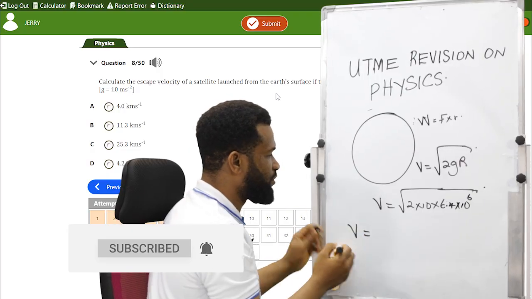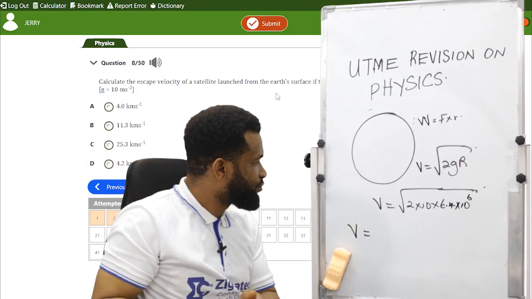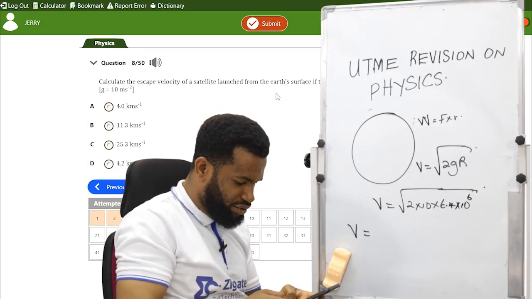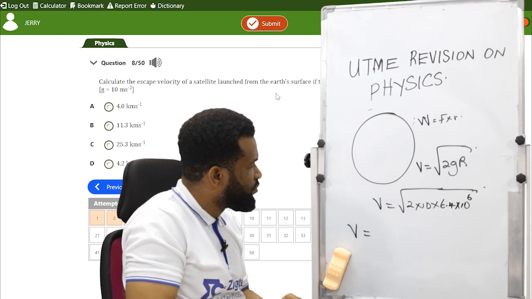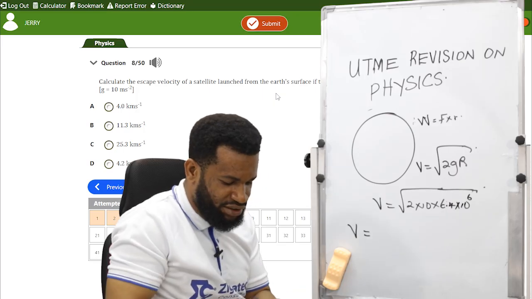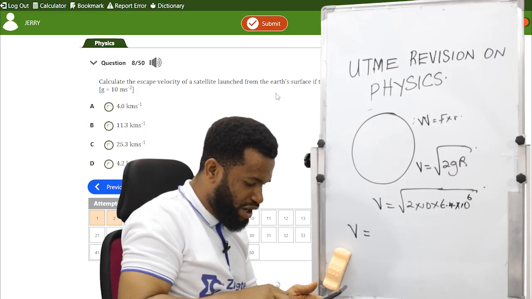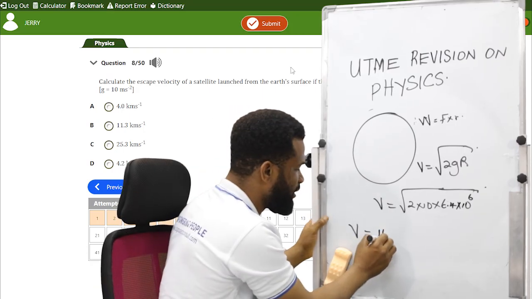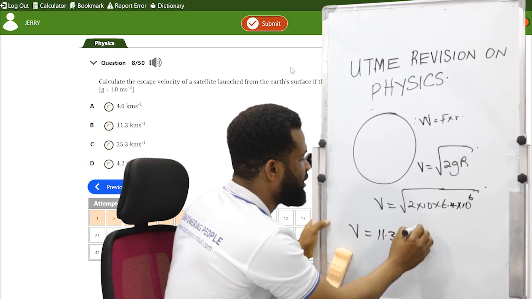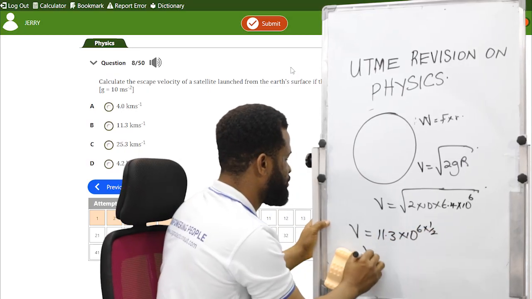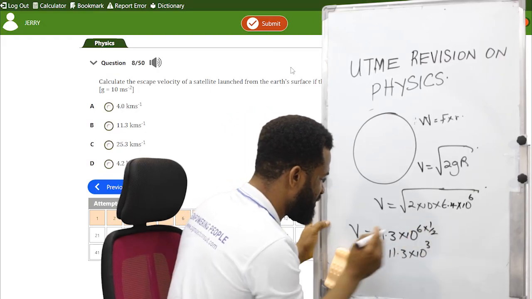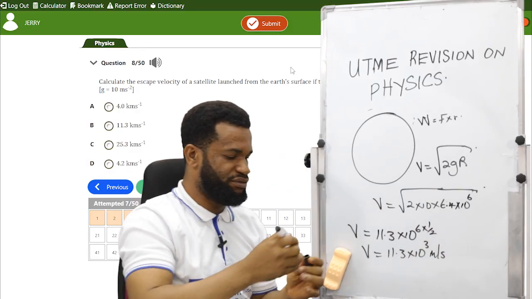Therefore, I'm going to say that V is equal to 10 times 6.4, so 128. So the square root of 128 is 11.3. So 11.3 times 10 raised to the power 6 times 1 over 2. So V is 11.3 times 10 raised to the power 3. This is meters per second.